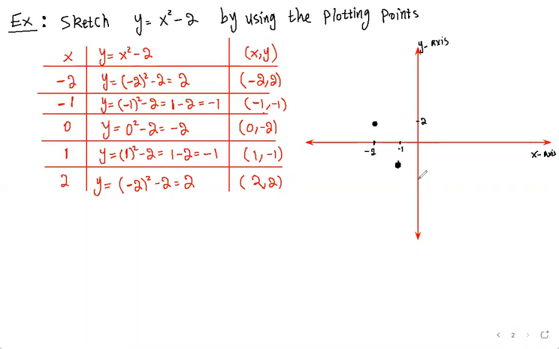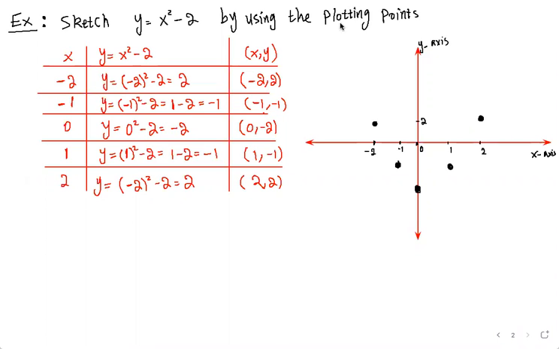At 0, it's -2. This is 0. And here is -2. At 1, it's -1. Here, this is 1. At 2, it's 2. It looks like here.